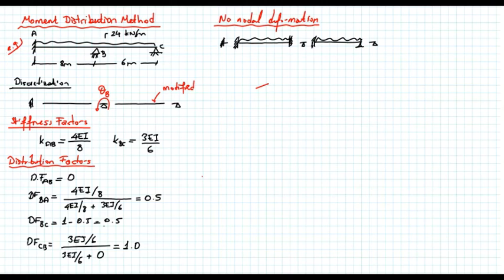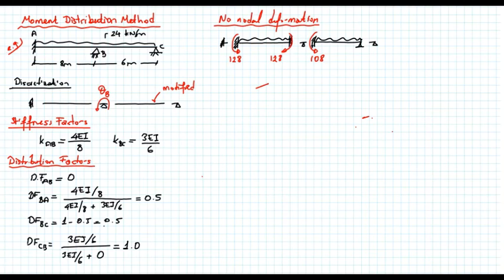Now let's calculate the moments for this given picture. So fixed end moment AB is 128. BA is again clockwise direction 128. And for this moment I will be using WL squared over 8, and this is 108 kilonewton meters.